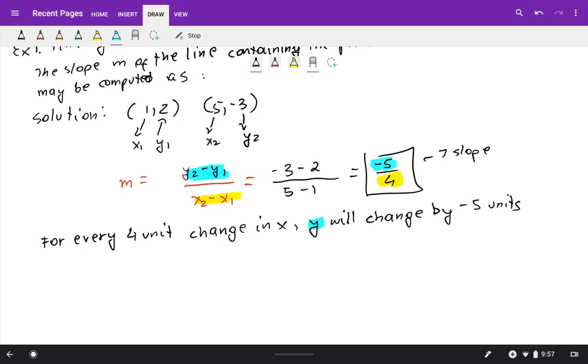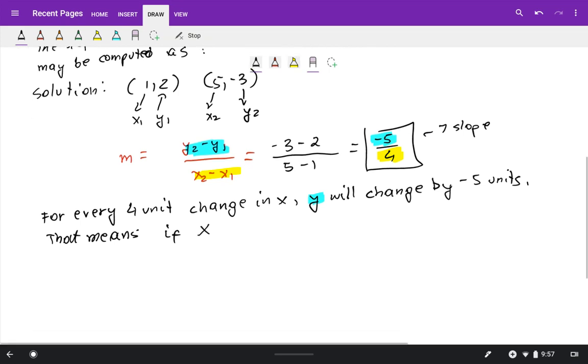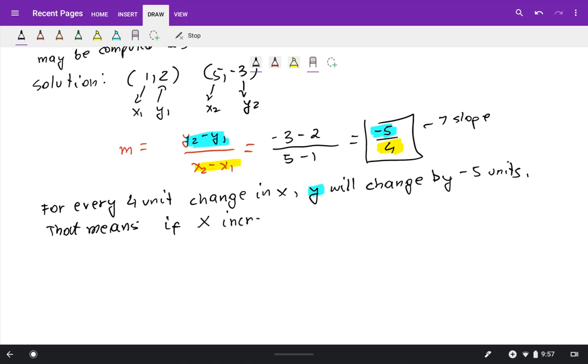What that means is that if x increases by 4 units, then y decreases by 5 units. So maybe that will be better for you. I'm talking about x increasing by 4 units because here we have positive 4: from 5 minus 1, we end up with 4.